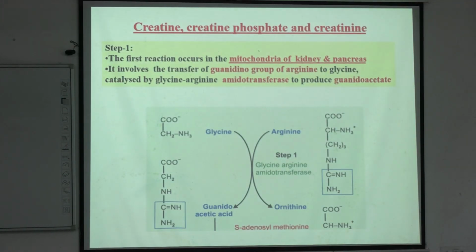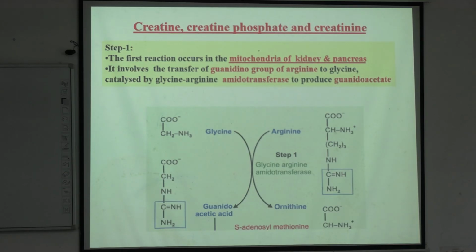Methionine doesn't participate always in the reaction, but the active form of methionine, write down, is S-adenosyl methionine. Active form of methionine is S-adenosyl methionine. The first reaction, glycine with arginine, forms guanidoacetic acid. You see here this guanidino group.